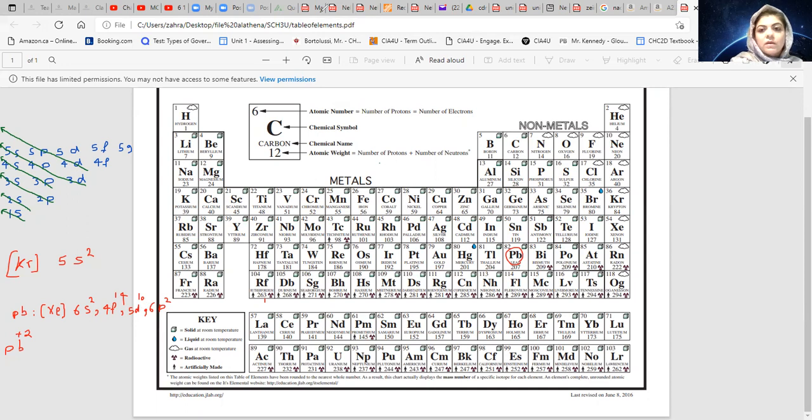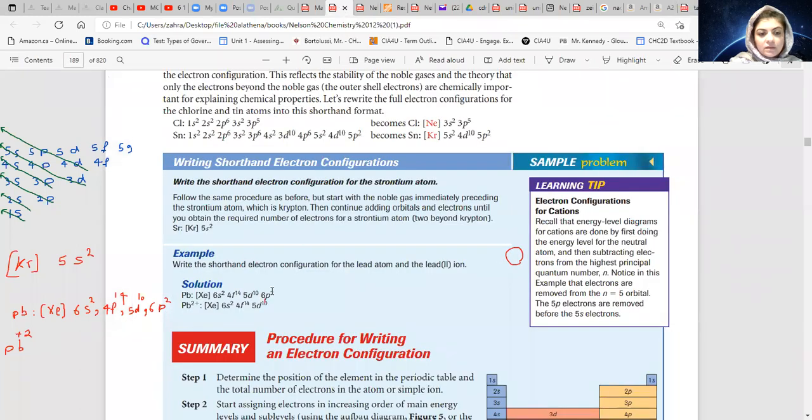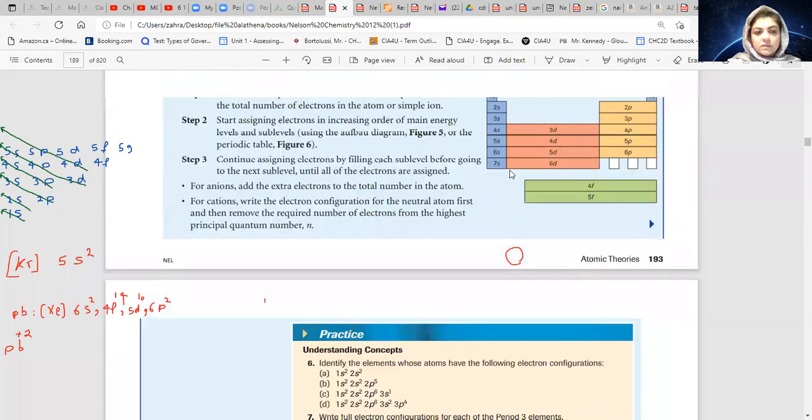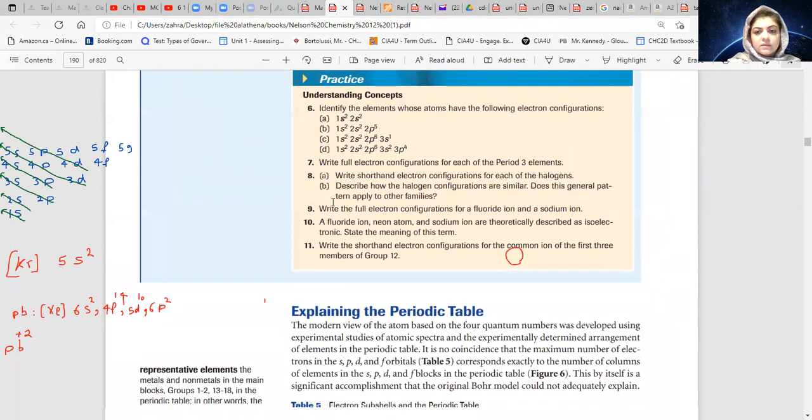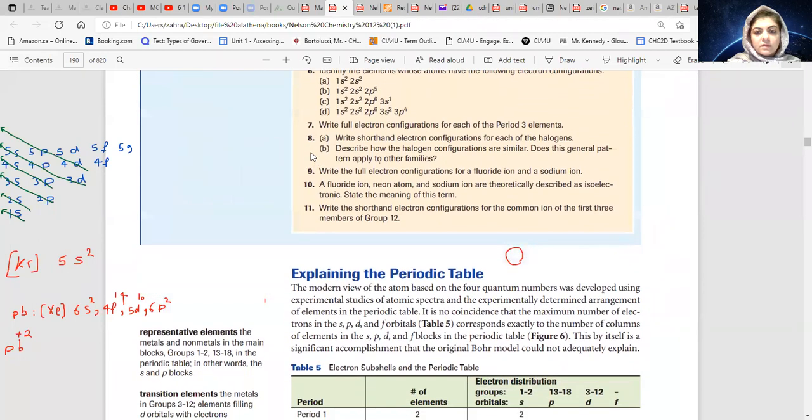I'm going to go ahead with the answer here. See, this is what I have there. And then 6p2 is gone because you want to take 2 electrons from this. I'm going to go to the next. You can do question number 6, 7 and 8, 9.